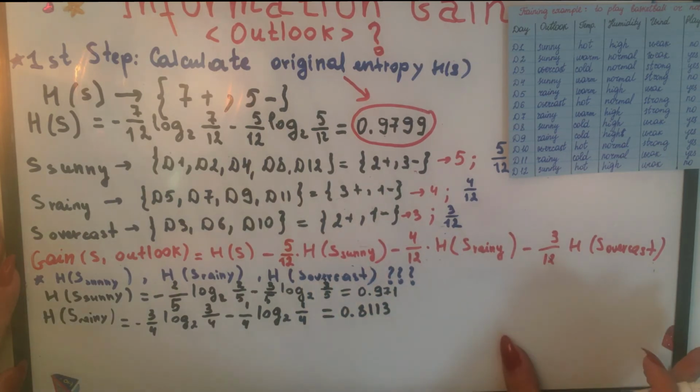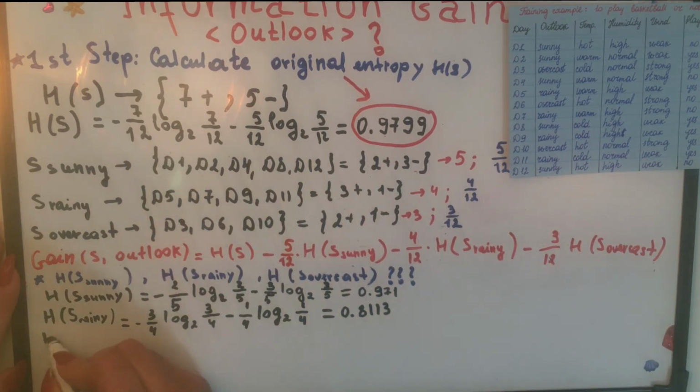And finally, we're gonna calculate the third relative entropy, which is H of S overcast.